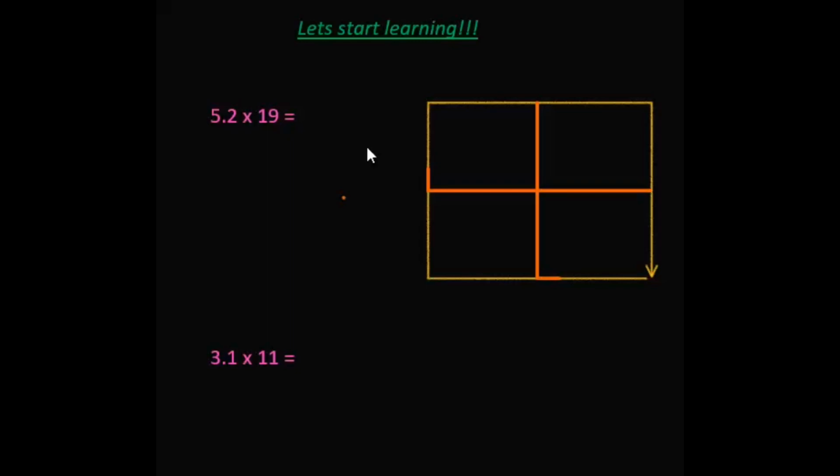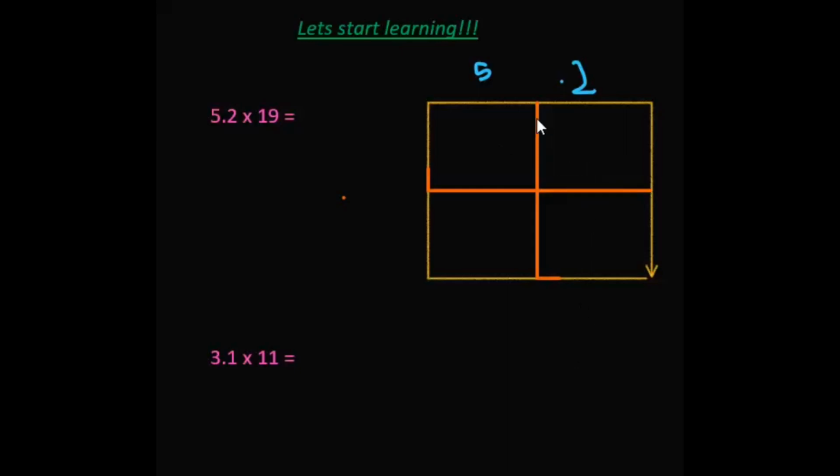Now let's fill the spots in. We use blue and write down our numbers. We have 5.2 and 19. I'm going to put 5.2 on top. First we put the 5 right on top of this column of boxes, and then 0.2 on top of these boxes here.